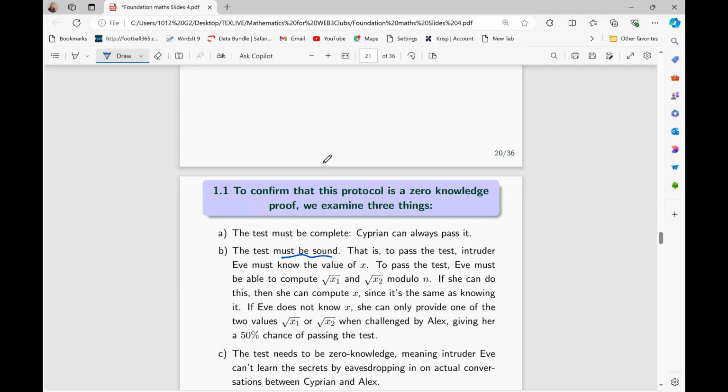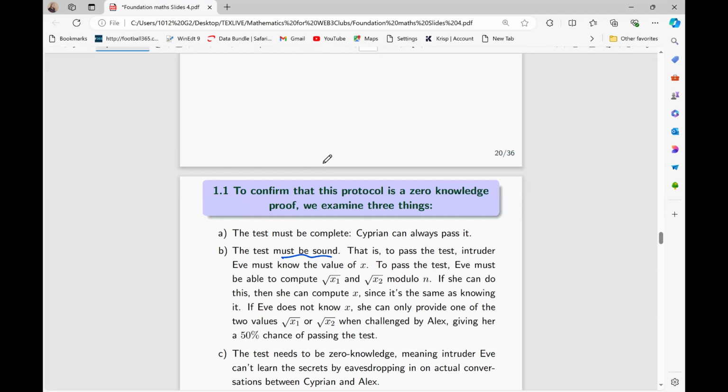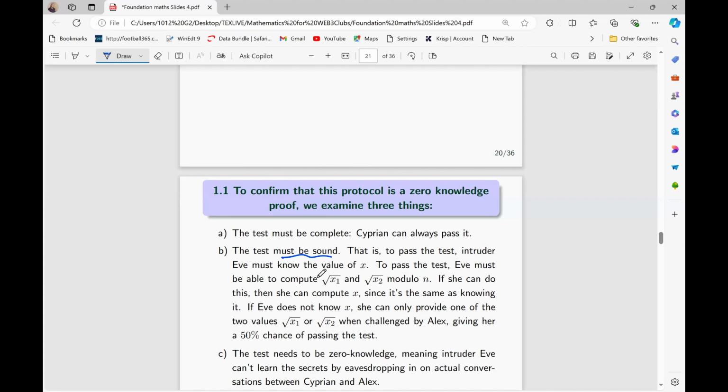So it means Eve cannot pass the test if she doesn't know what X is. If she knows what X is, then she'll pass the test. But since she doesn't know X, she will get half of the questions correct and then fail half of the questions. So she will not pass the test.